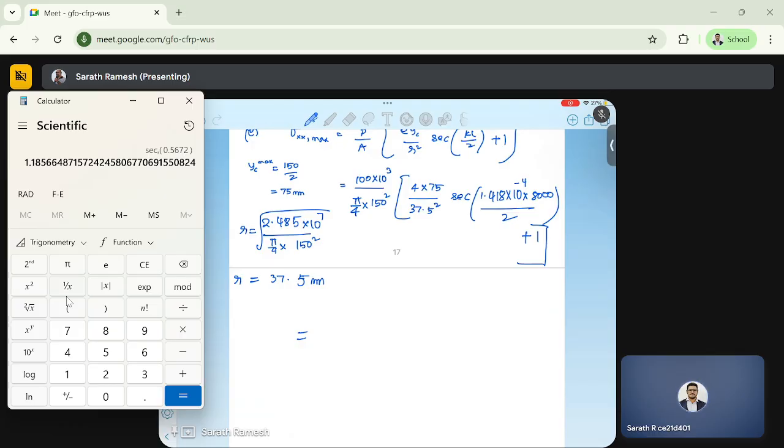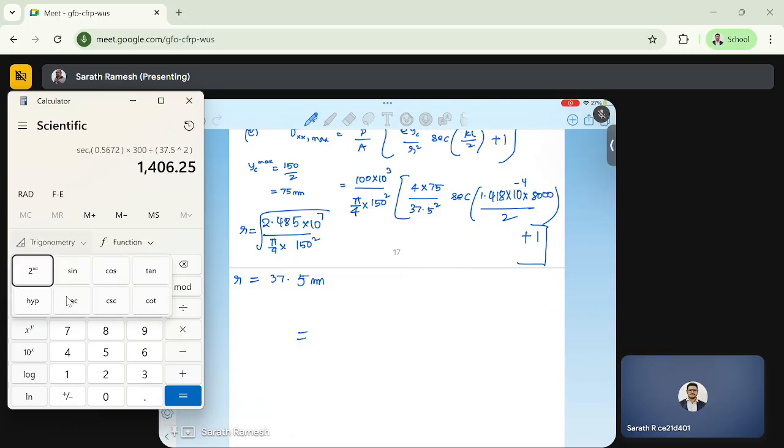Okay, this times 4 into 75, 300, divided by 37.5 square, plus 1.